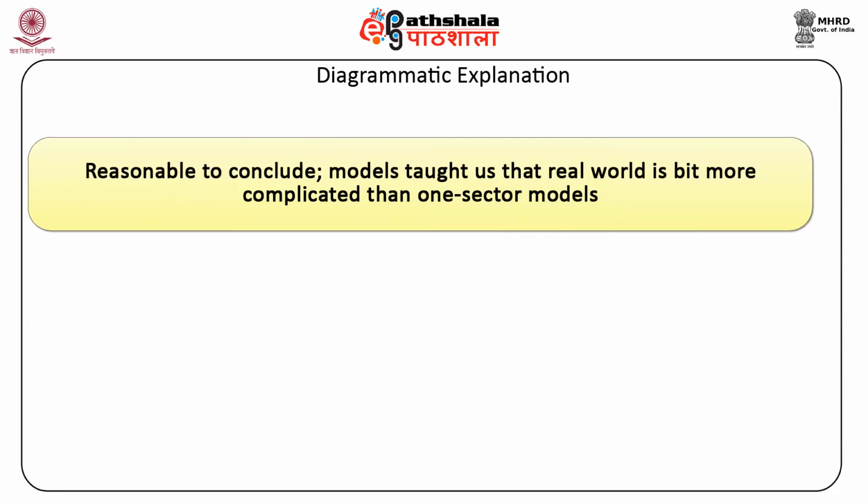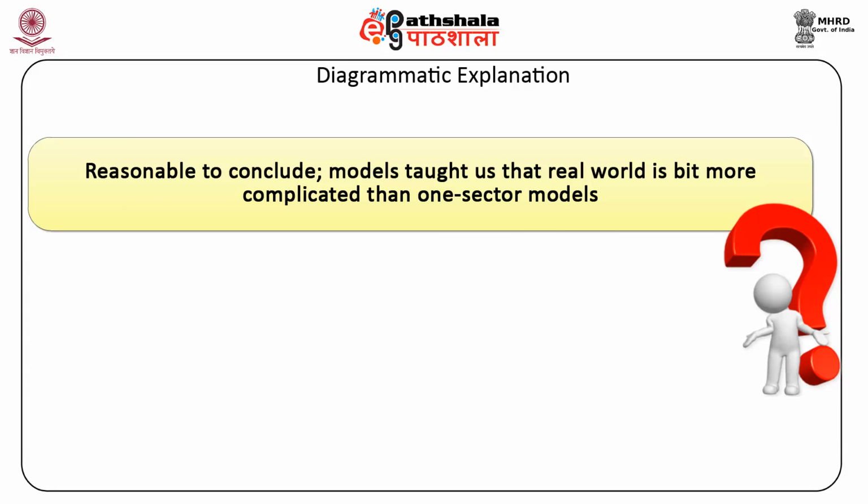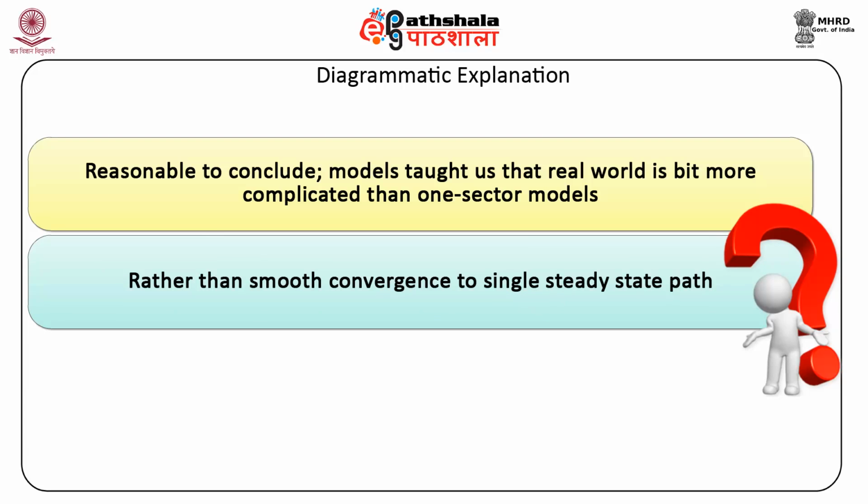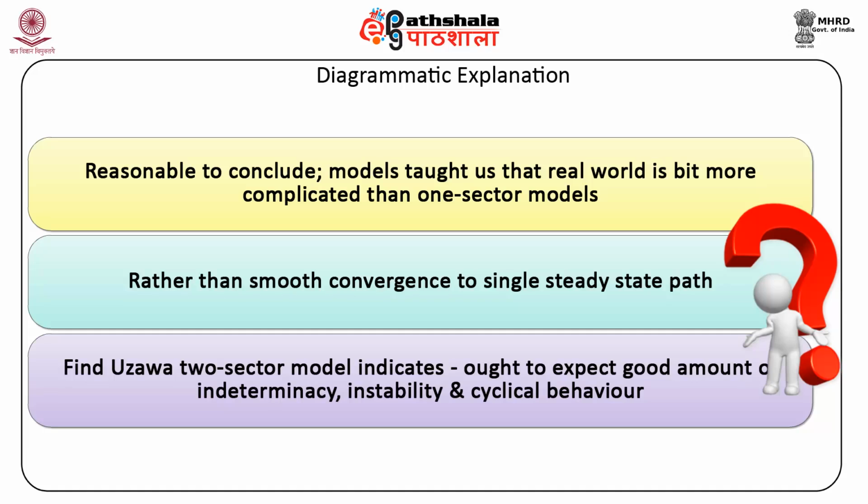It is thus reasonable to conclude from this exercise that if anything, these models have taught us that the real world is a bit more complicated than one sector models let on. Rather than a smooth convergence to a single steady state path, the Uzawa two-sector model indicates that we ought to expect a good amount of indeterminacy, instability, and cyclical behavior in growth paths.